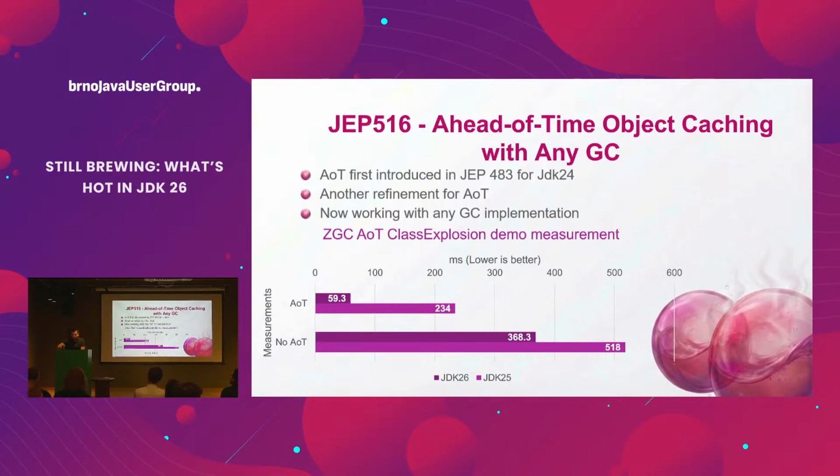It stored these addresses into the cache, and right now it's using relative addresses. So any new garbage collector added in the meantime? It should be. Yeah. The purpose of this JEP was to separate the implementation of AOT from that of a garbage collector. So it should not be dependent anymore. Yeah.